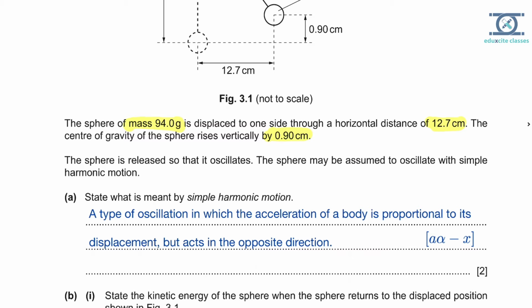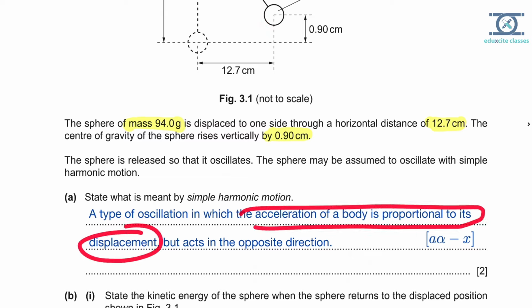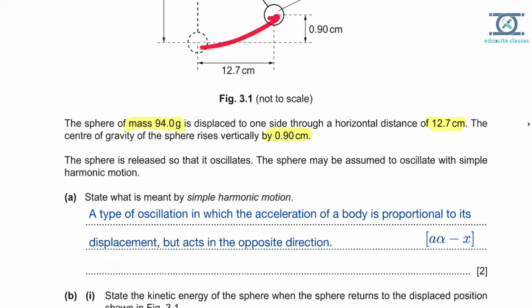So what is meant by SHM? This is a type of oscillation in which the acceleration of a body is proportional to its displacement. Also, it acts in the opposite direction. Let us say it is released from this point, so it is moving like this. The acceleration of the body is proportional to its displacement. However much displacement you take, the acceleration will be proportional to it, but it acts in the opposite direction.